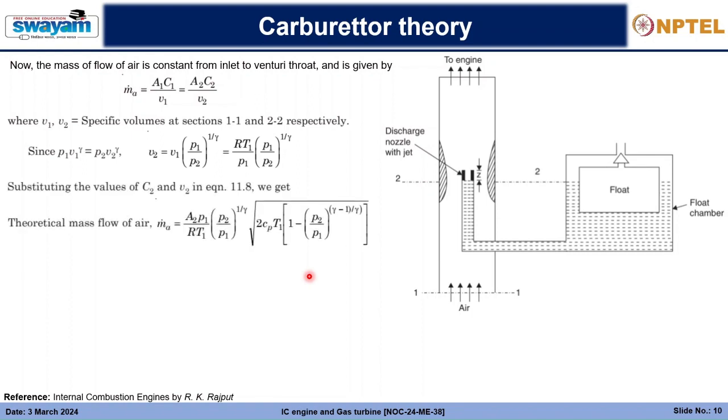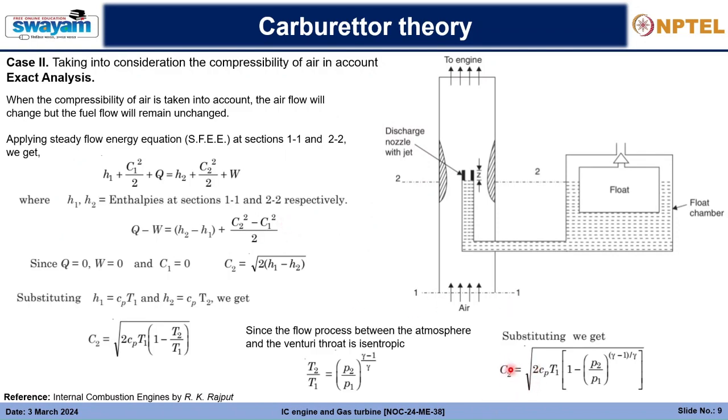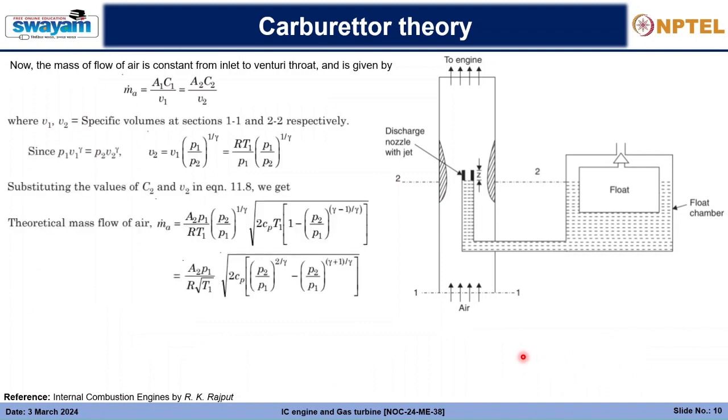So we substitute the value of C2 and V2 in equation 1.11.8 in the previous slide, which is basically the mass flow rate equation. There, the theoretical mass flow rate Ma can be given by this big expression that you can see here. Previously we knew the value of C2, and we simply put in the values for the mass flow rate with A2, C2 and V2.